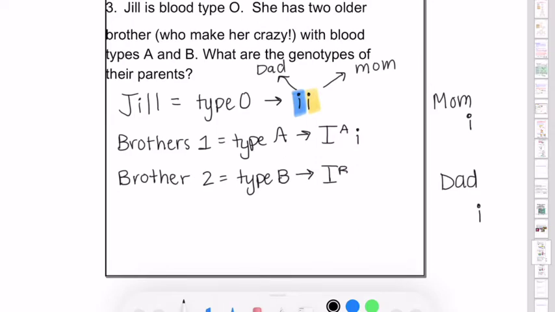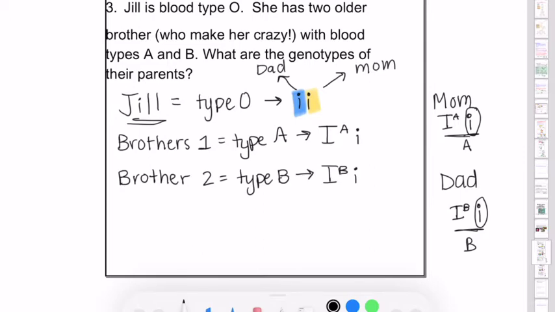Because this guy is blood type B. So that must mean that one of the parents is blood type A and one of them is B, and they're heterozygous. They carry that O allele, and that's why Jill gets blood type O. Even though her mom is blood type A and her dad is blood type B, she can be O because she gets these from her parents.